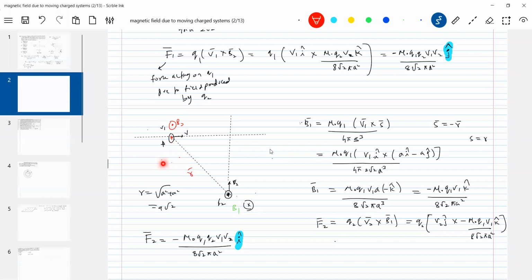So force acting on, this is one we took for on Q1 due to, I'll make correction. This is correct here. This is F1 here, right?